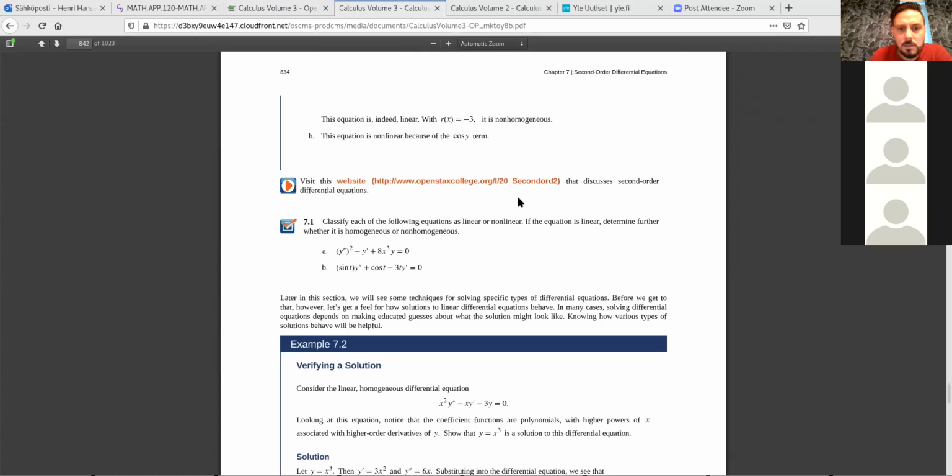We have this many, so I'm going to put you into rooms of 4 people. Classify these in 7.1 as linear or nonlinear, and determine whether it's homogeneous or non-homogeneous. I'll give you 5 minutes, but use a few minutes of that to have a little chat about your weekend plans, how things are going, and have a round where everyone gets to say something nice about this coming weekend.